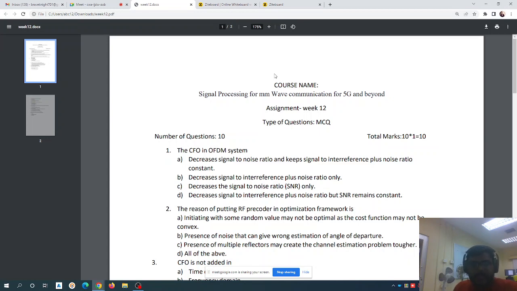So that is the reason the correct option is option D for question number 1. There are 4 options. First option decreases signal to noise ratio and keeps signal to interference plus noise ratio constant, and all these things, and it has been discussed in the previous class. So first is option D.